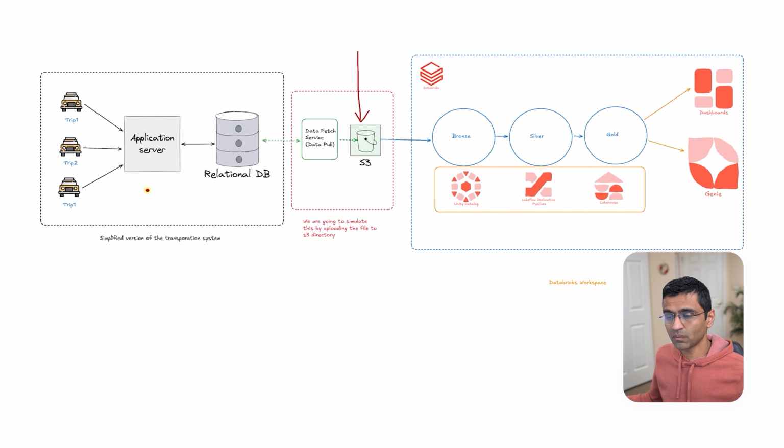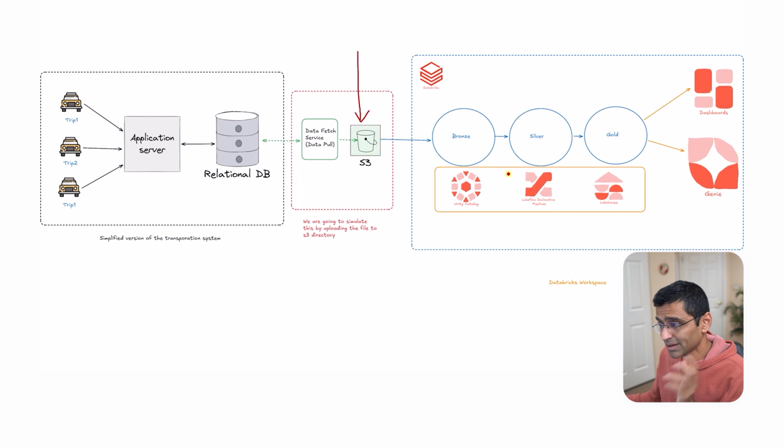In real life, what will happen is you will have an Uber like app on your phone, and this app data gets aggregated into some relational database. It can be Oracle or whatever, and then from there you will do data extraction and you will store data in S3. Okay, in our case, we will just give you CSV files which you can upload to S3, and from there we will ingest data into Databricks.